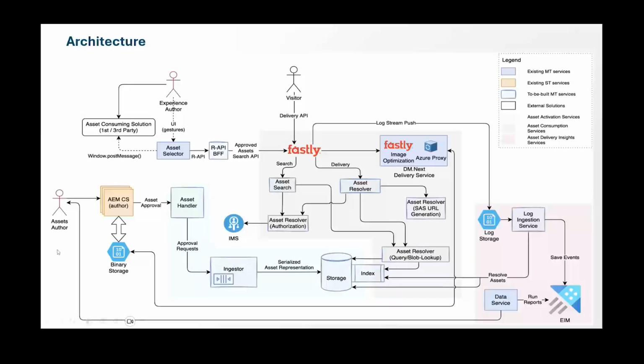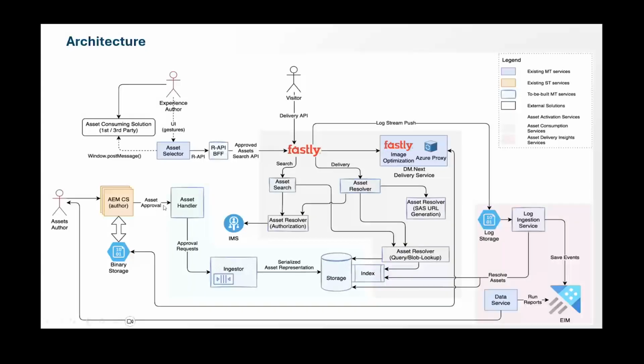So let's try to understand with the asset author first. Asset authors upload the asset on your asset authoring tier. Once they finish all the operations and changes on the metadata, when everything is finalized, they will turn the asset status to approved.